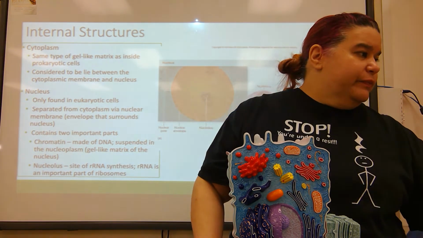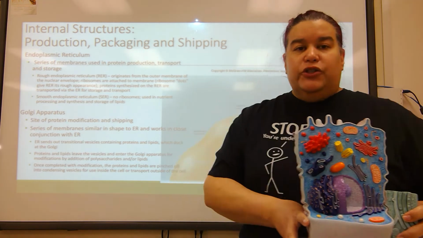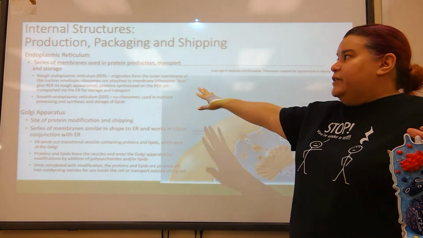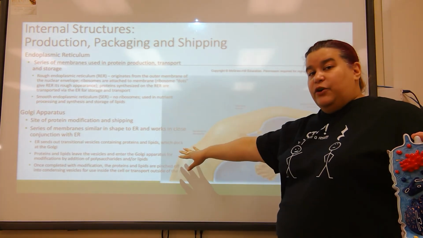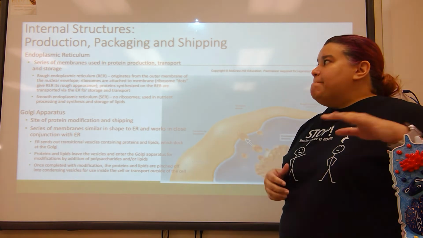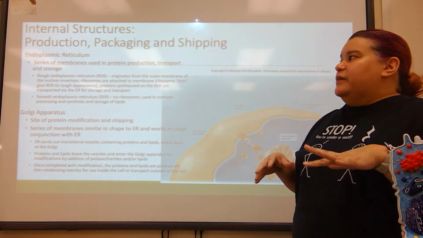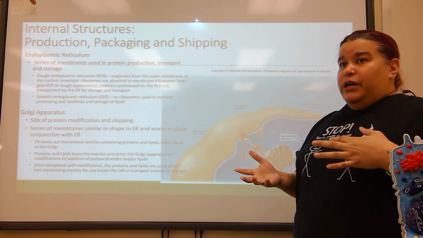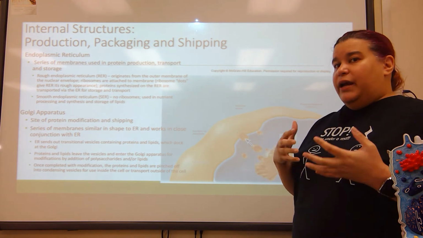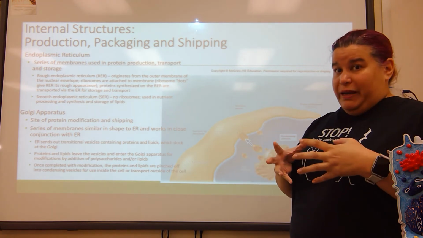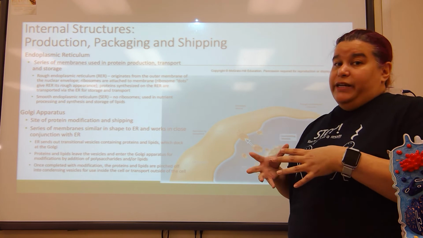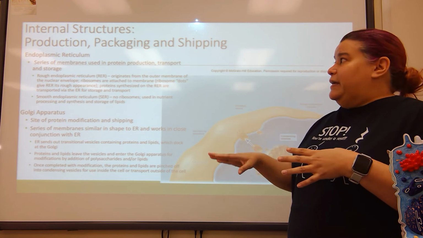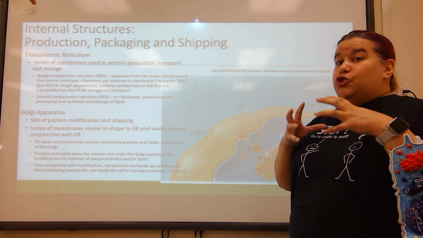All right. So the next structures we're going to talk about are the endoplasmic reticulum and the Golgi apparatus. The endoplasmic reticulum is a series of membranes used in protein production, transport, and storage. So, protein production, making proteins, protein transport, moving it from point A to point B, and protein storage.